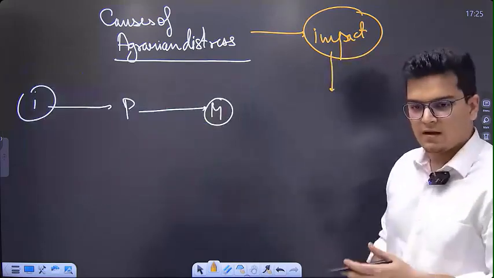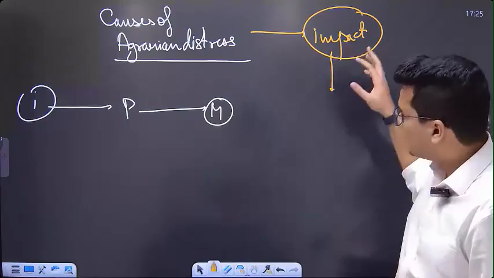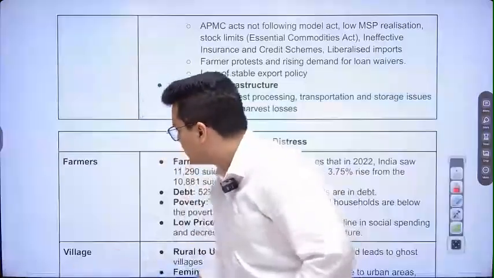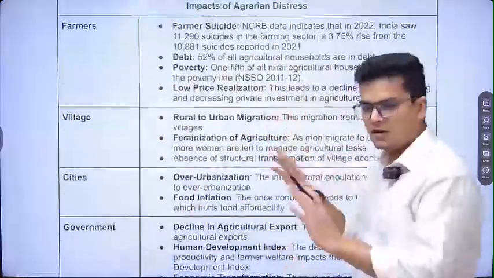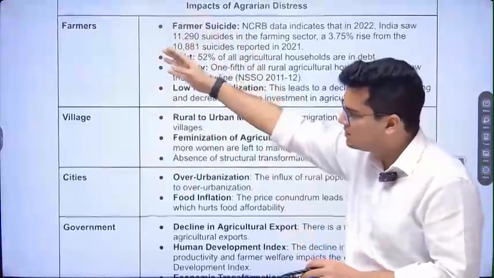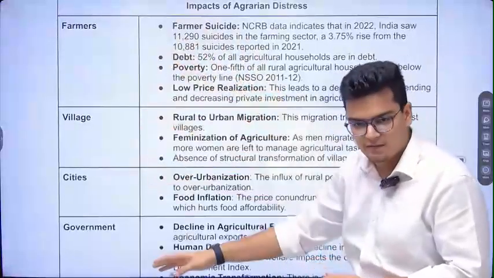Now, again, we can write on the basis of stakeholders, but what I wanted was to give you certain data on these points. That data is available in your notes, and this data is important. If you get a question like this, I have divided it into 4 stakeholders: farmers, village, cities, and the government.